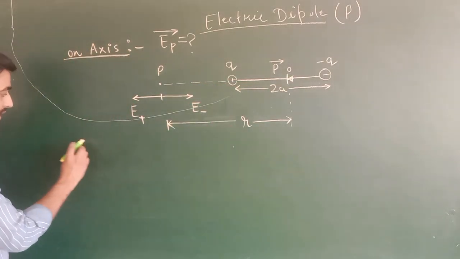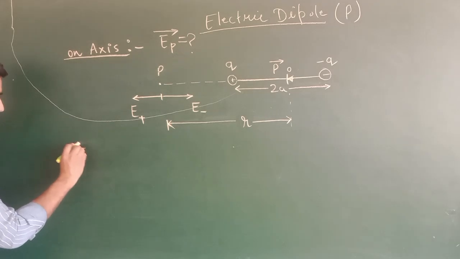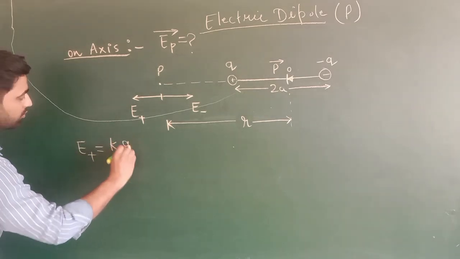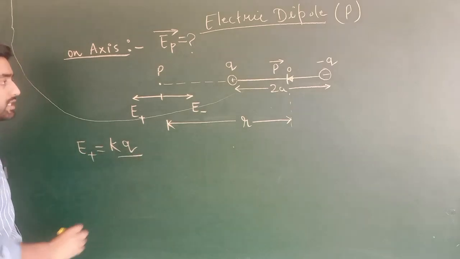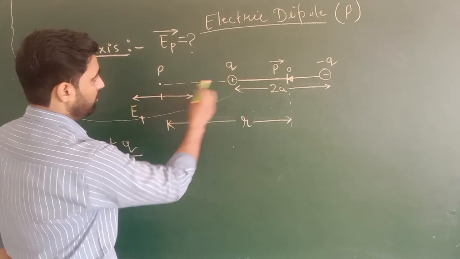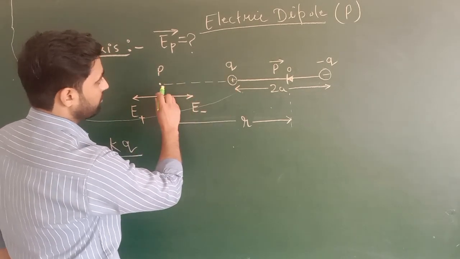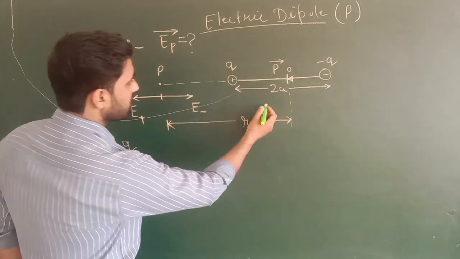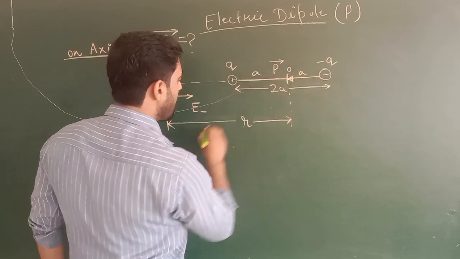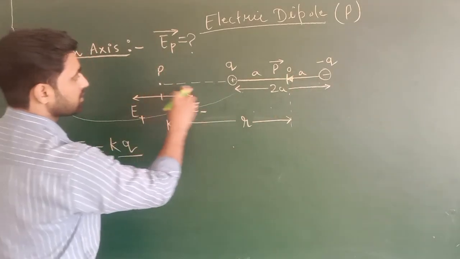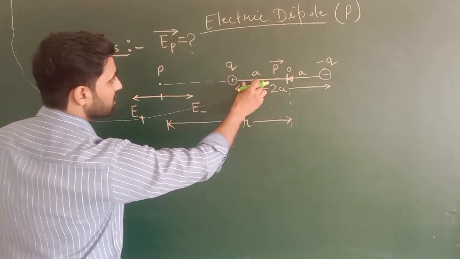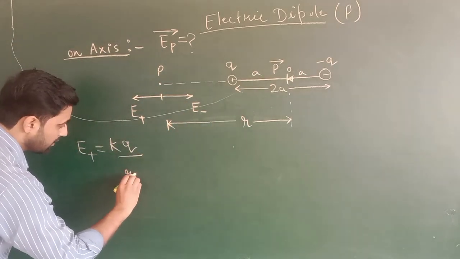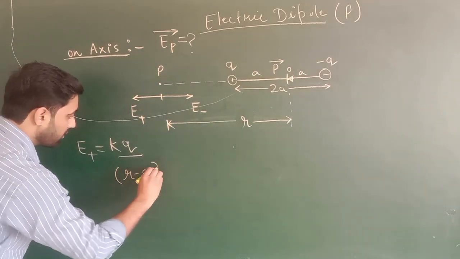If I ask what is the electric field due to positive charge, that will be K Q divided by the distance between the charge and point, that is obviously R minus A. This complete distance is R, and if we subtract this A, that will be R minus A whole square.